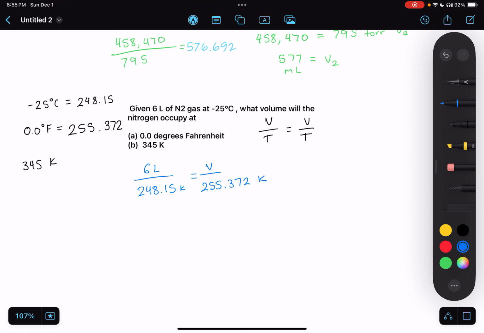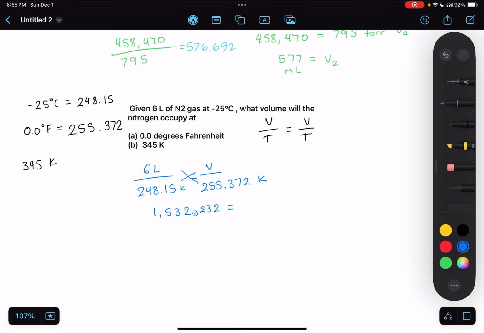So all we got to do is solve for V, do a little cross multiplying. 255.372 times 6 is going to be equal to 1,532.232. That's going to be equal to 248.15 times volume.